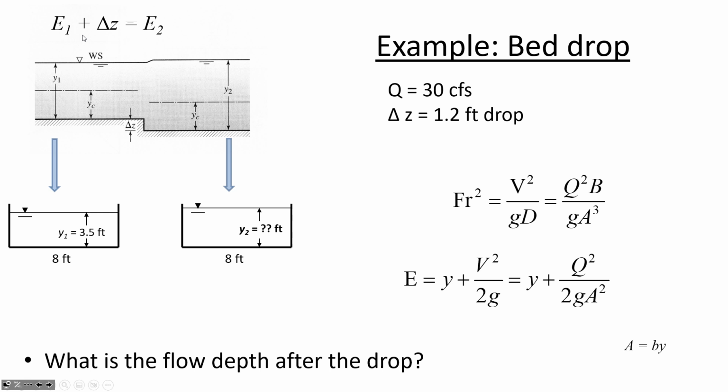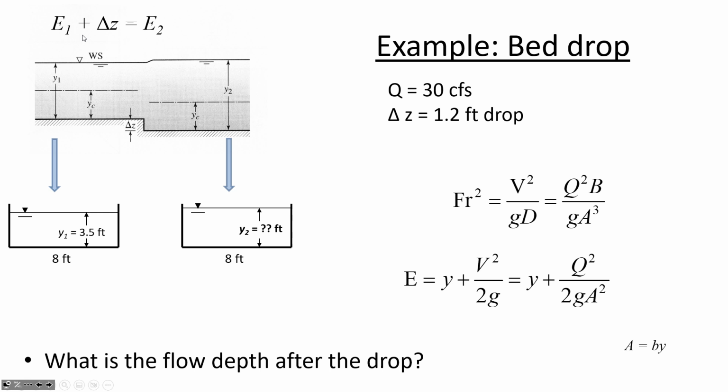So A1 is the flow rate of 30 cubic feet per second divided by the area of 3.5 feet by 8 feet. The velocity at the first location is 1.071 feet per second. So now let's put in the numbers that we actually know.